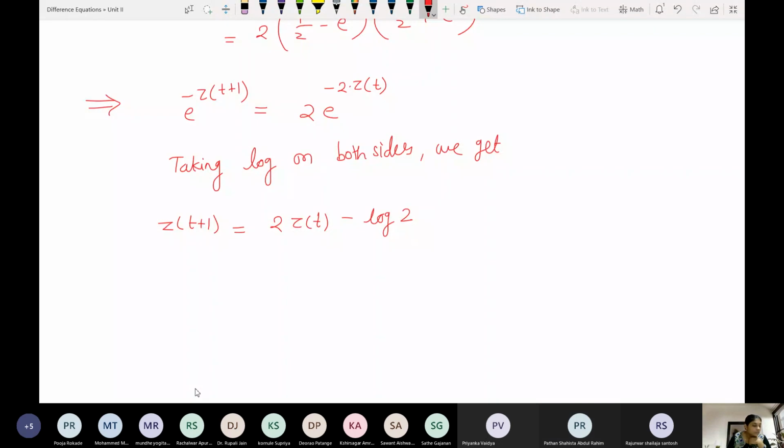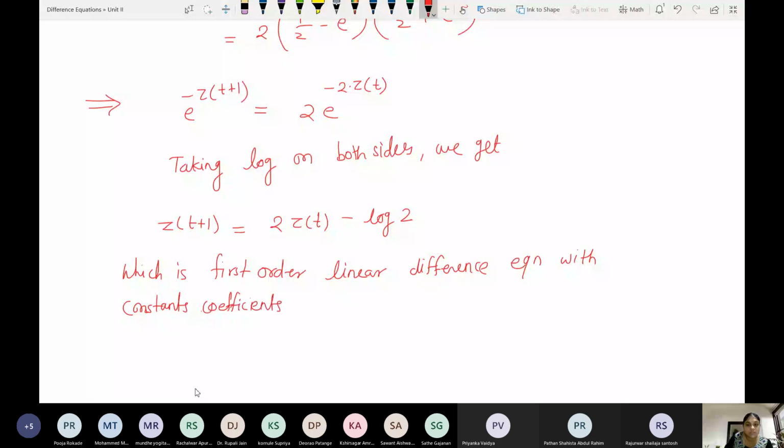So now what can you see here? This is a first order linear difference equation with constant coefficients, so we can easily find its solutions.